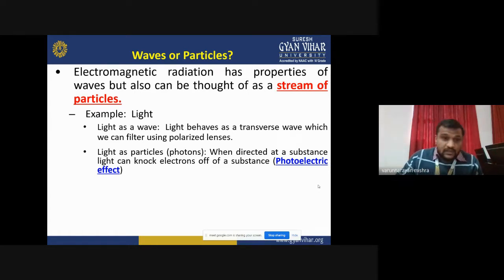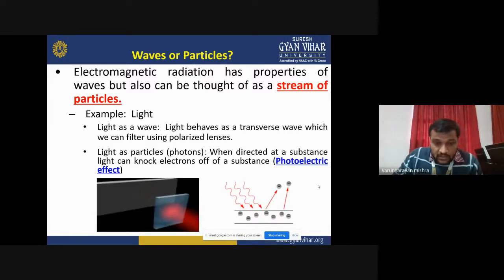For example, as we know, electromagnetic radiation is a kind of light. When light behaves as a transverse wave, we can consider light as a wave, but at the same time, when we direct it at a substance, light can knock electrons off the substance. That is the photoelectric effect.